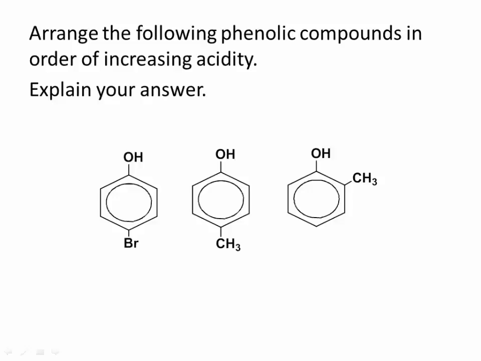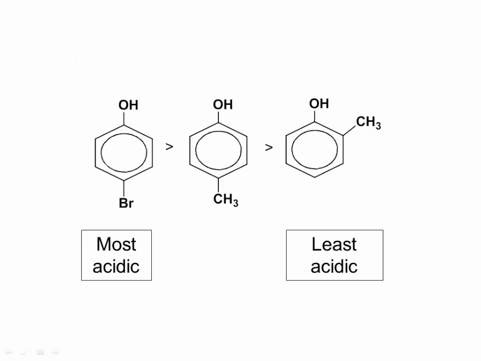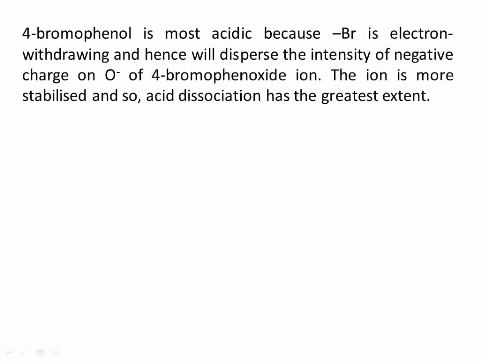So in this case, the order of acidity is as such. The most acidic will be this, 4-bromophenol, followed by 4-methyl phenol, and last but not least, 2-methyl phenol. So this is the order, 1 mark for stating the order. After you have stated the order, here comes the explanation. So here 4-bromophenol is most acidic.